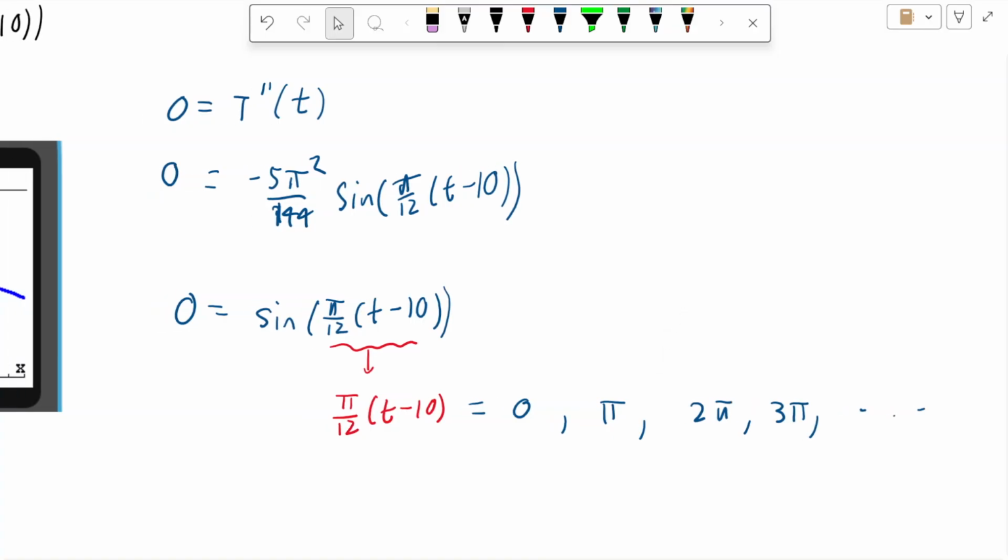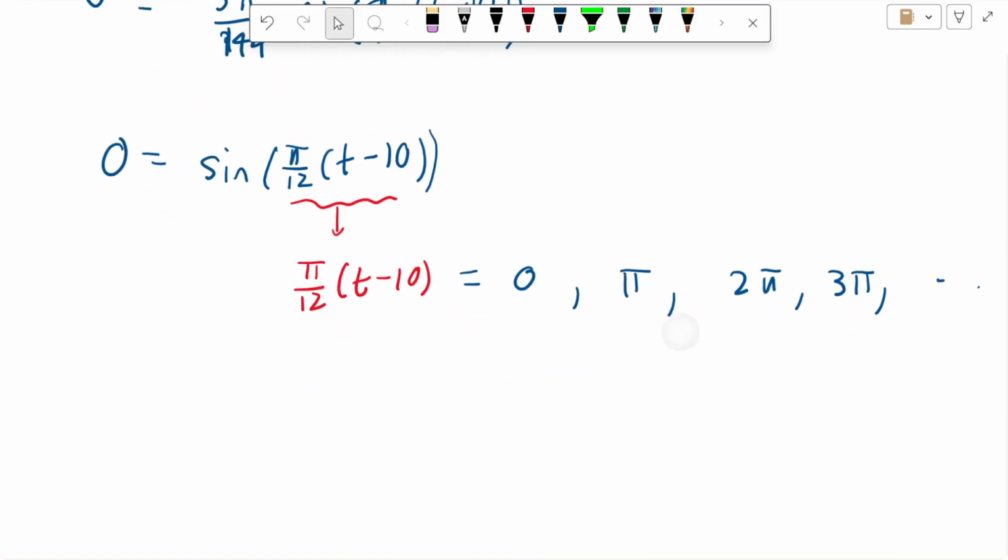Now we can start rearranging this equation. First thing that I'm going to do on both sides is times by 12 over pi, essentially to get rid of that constant out the front. But now I'm going to need a times by 12 over pi for each one.